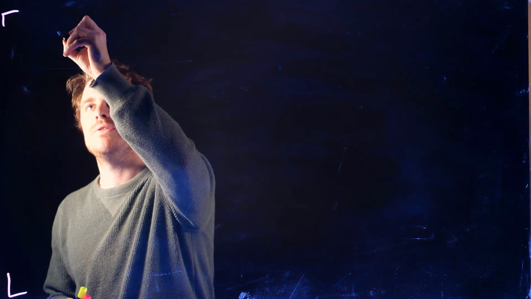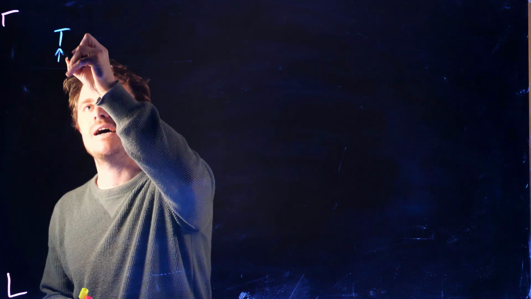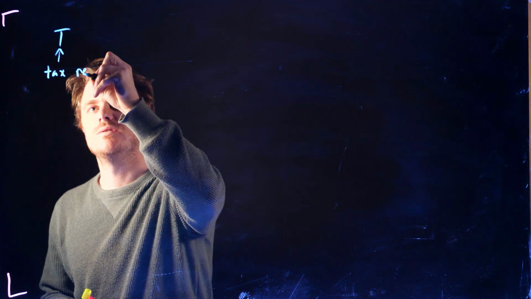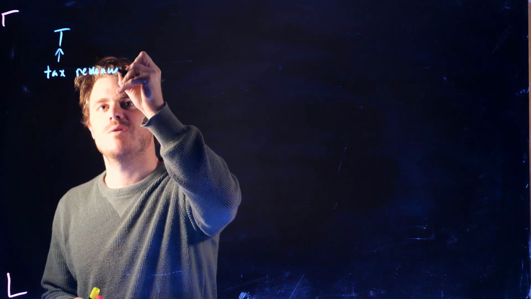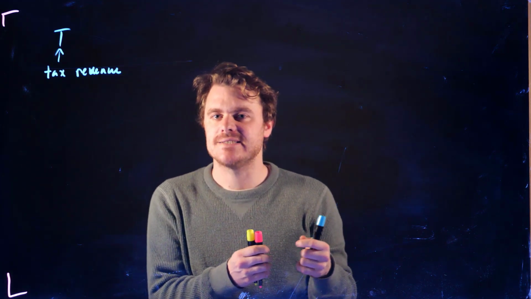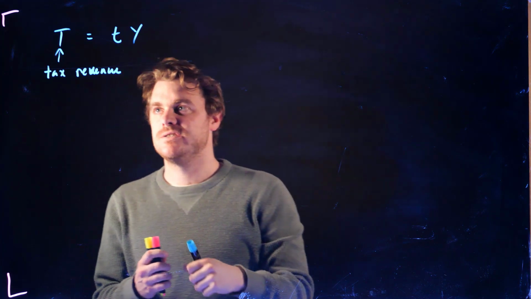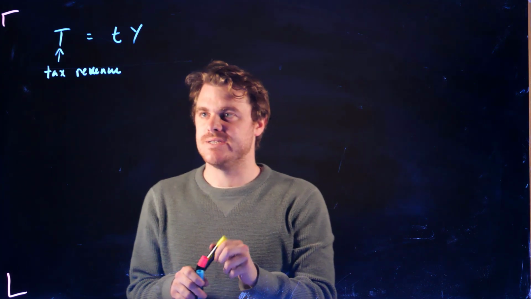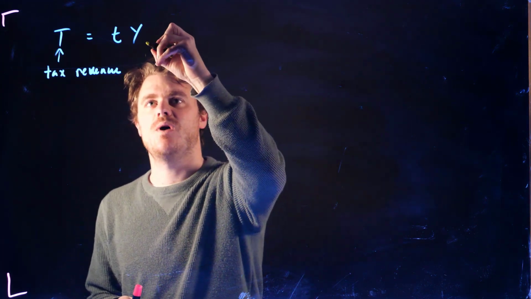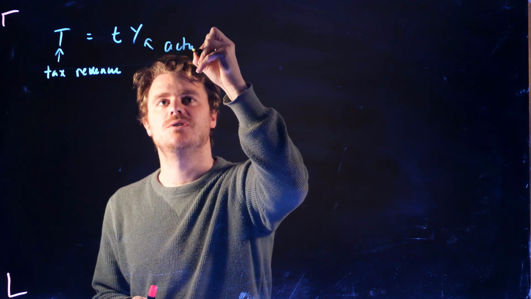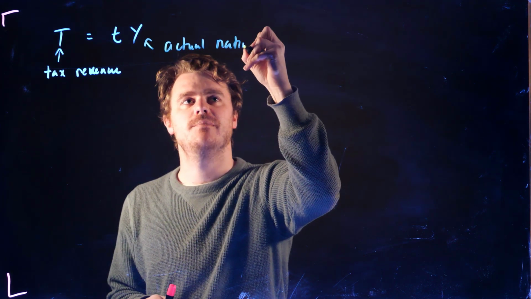All right, so let's talk a little bit more about the tax rate. So remember, T was tax revenue. And the assumption we're making about the form of these taxes is that we're going to have some tax rate. So capital T, or tax revenue, is lowercase t times y. And remember, y is the actual national income.